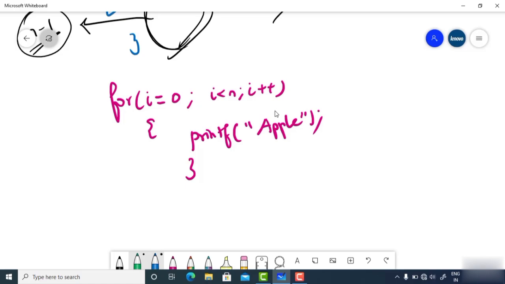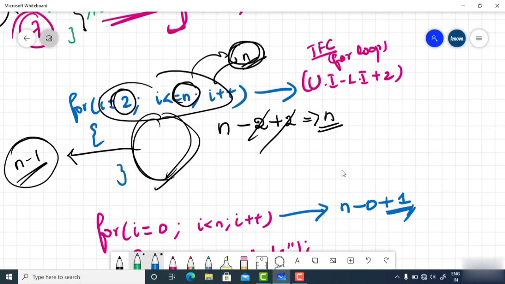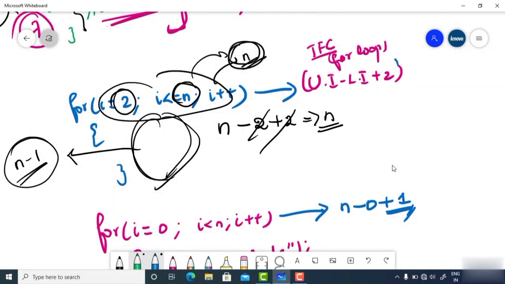So how to analyze? This for loop will execute for upper index minus lower index plus 2. Okay, I think it's plus 1. Sorry, plus 1. All right. So upper index minus lower index plus 1. Yeah, it will be 2 whenever there is less than or equal to n.